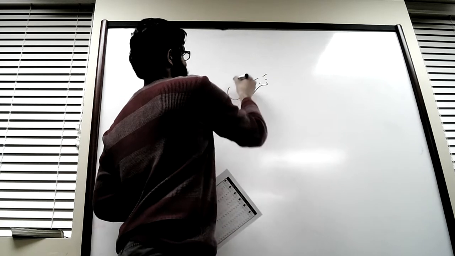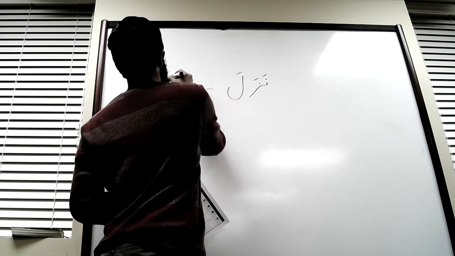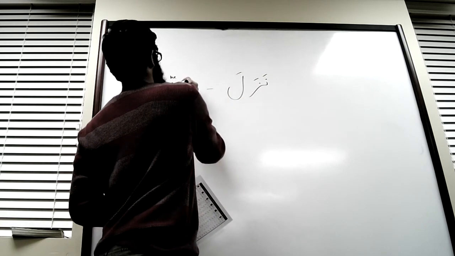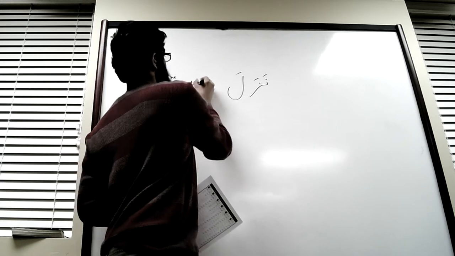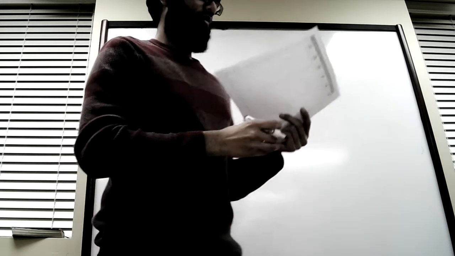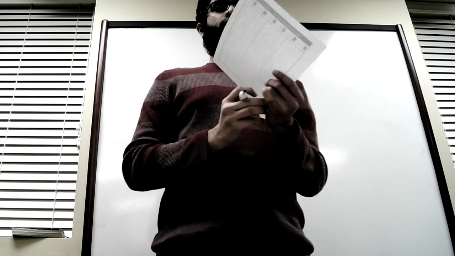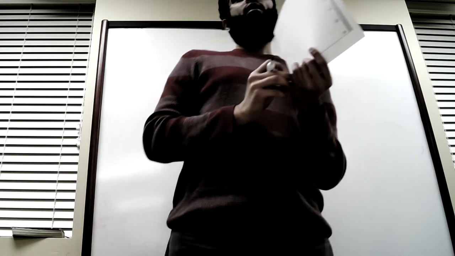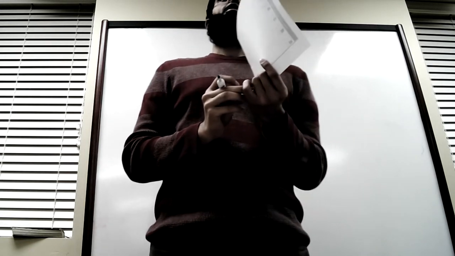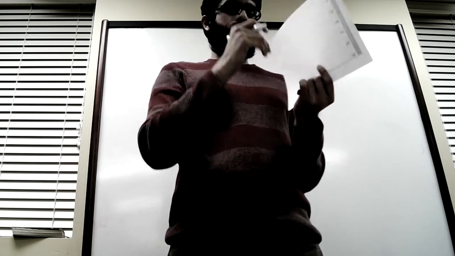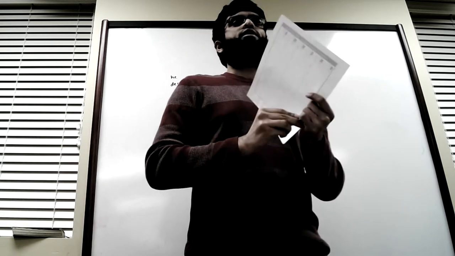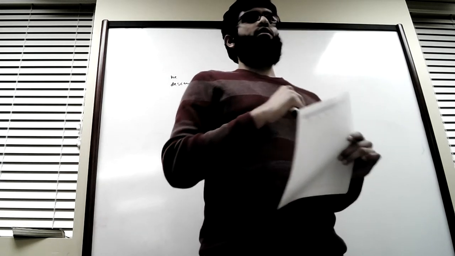Nazala means what? Descended, right? He descended or he came down. Okay, all right. So ready? Nazala. Okay, how about this? I'll say the pronouns and you guys say all of them.